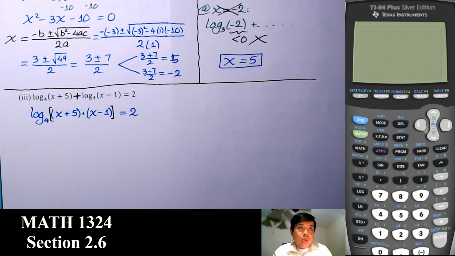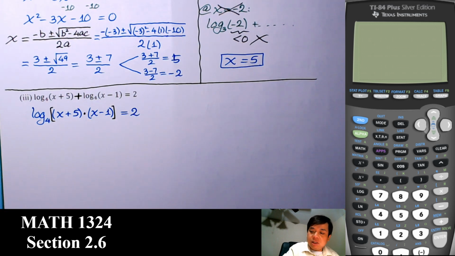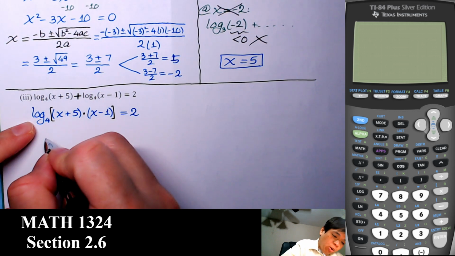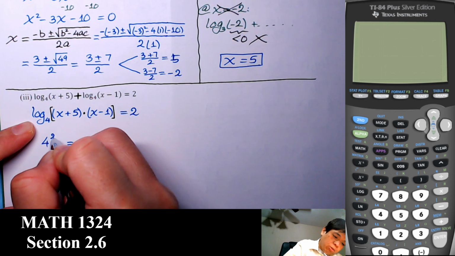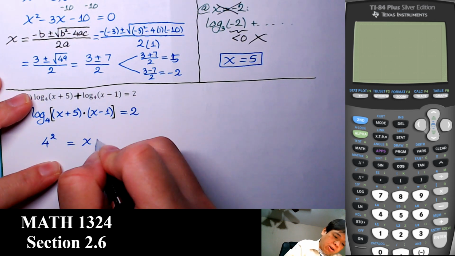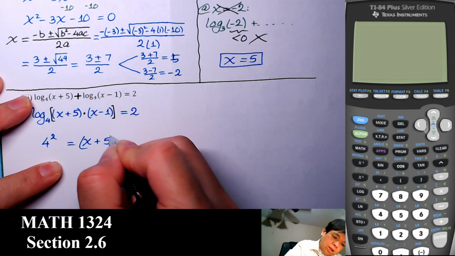Now with that, we can swap to exponential form. One log equal to a number. We swap. The base of 4 will stay. I'll move the 2 to this side, and x plus 5, and x minus 1 here.